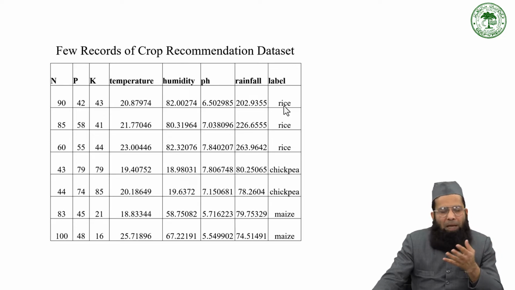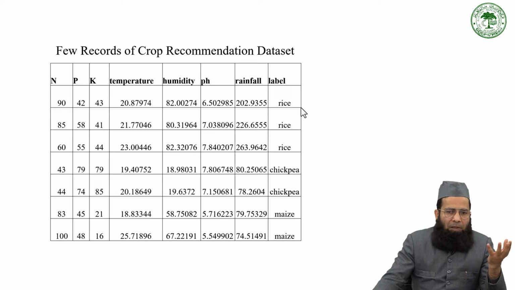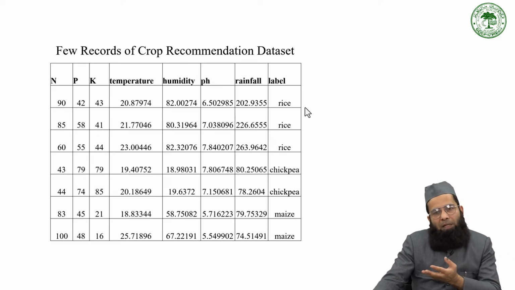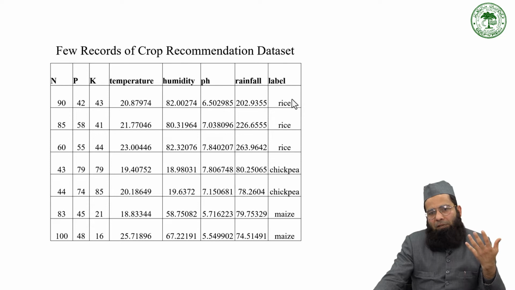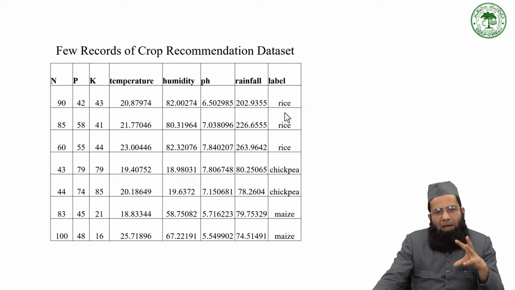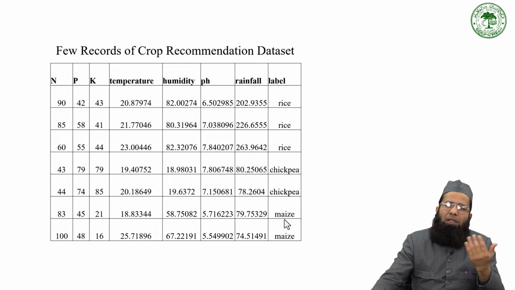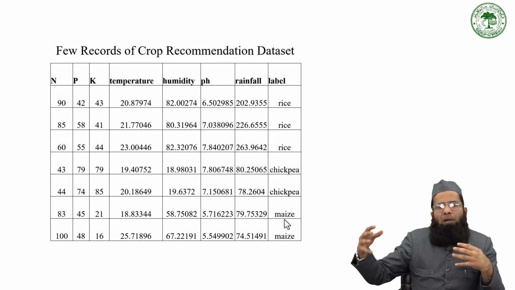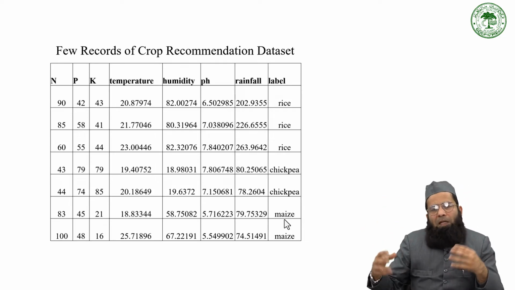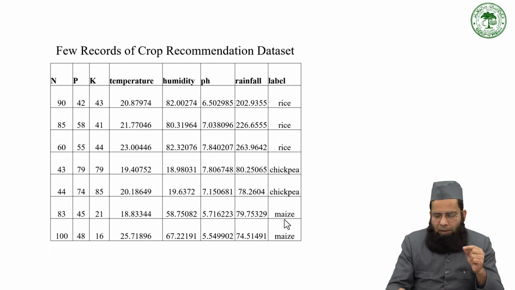We will discuss binary class and multi-class classification. In binary class classification, we have only 2 values. In multi-class, we have several classes. Like in this case, we have classes of rice, chickpea, maize, wheat, apple and so on. So it's a multi-class classification type of problem.